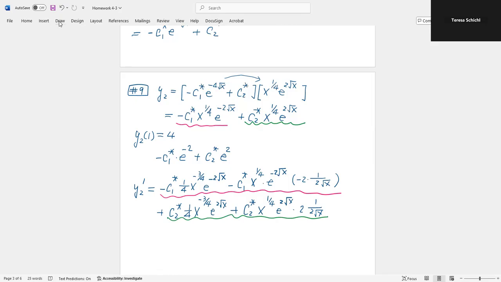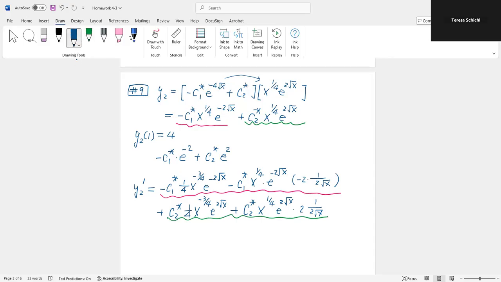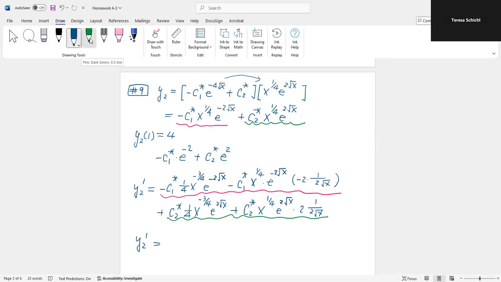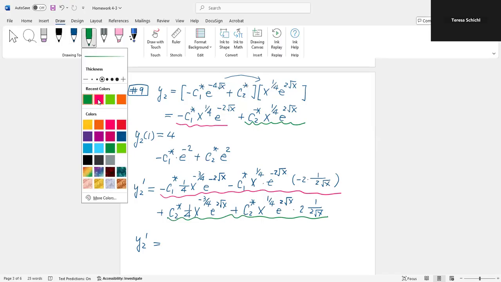Now plugging in, the Y2 prime is equal to, plugging in x equal to 1. So when x equal to 1, this term will be negative, and this one will be 1/4.